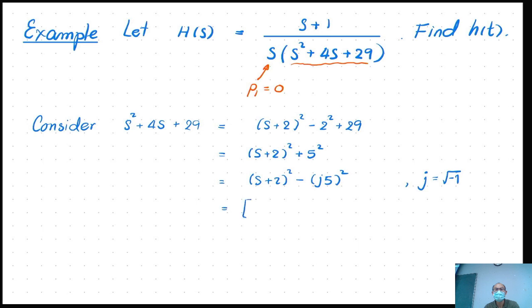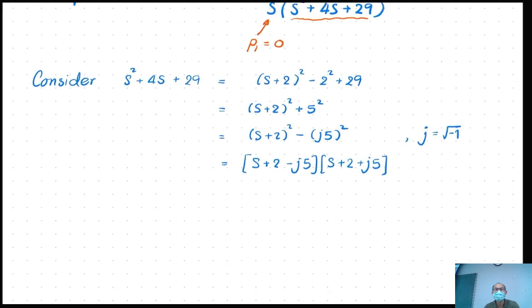And so we have two terms multiplied together. The first being s plus 2 minus j5, and the second is s plus 2 plus j5. From here we see that there are two more poles: P2 equal to minus 2 plus j5 and P3 equal to minus 2 minus j5.